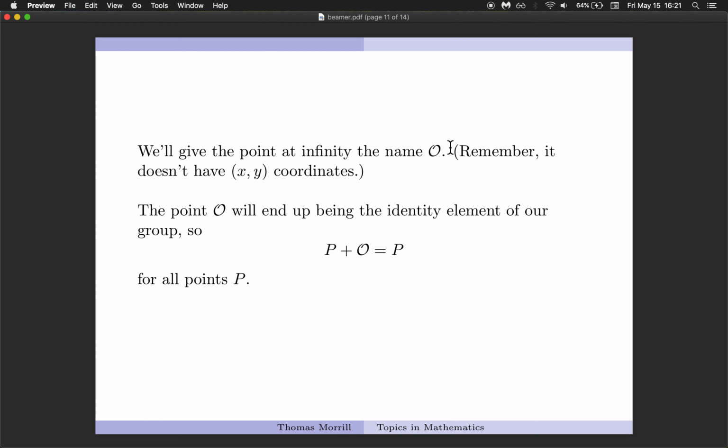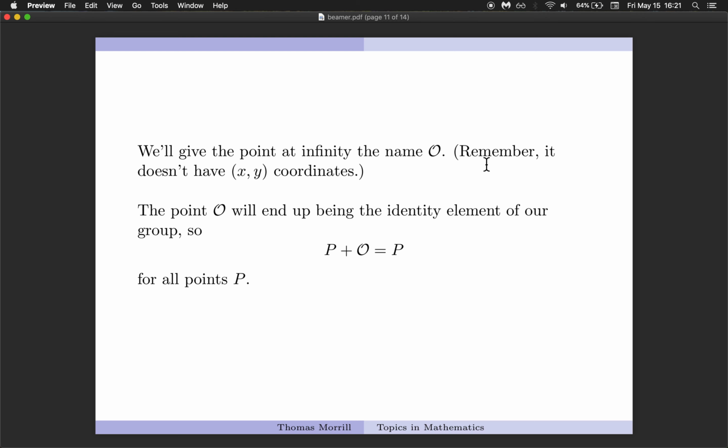Points at infinity are just sort of in our head. They are nice to imagine. They make certain geometry problems easier to think about. But it doesn't exist the same way that an xy coordinate pair exists. So I've got to give it some name. I'll just call it O, or I might say script O because I'm using a funny font here.